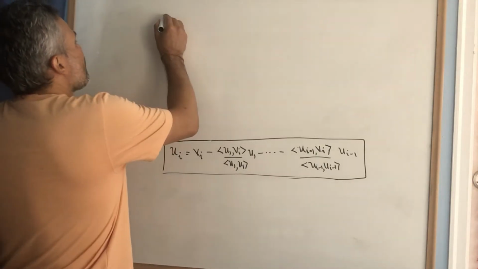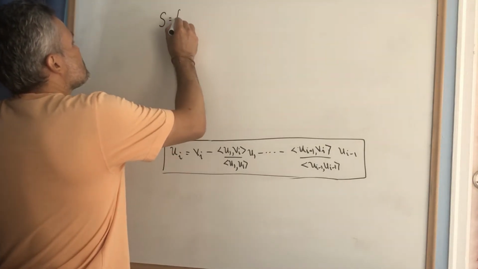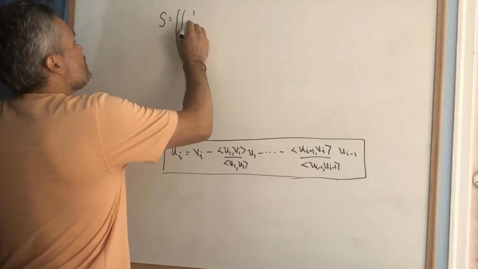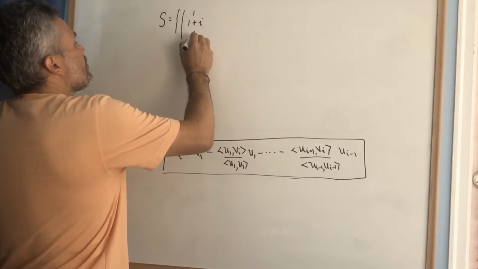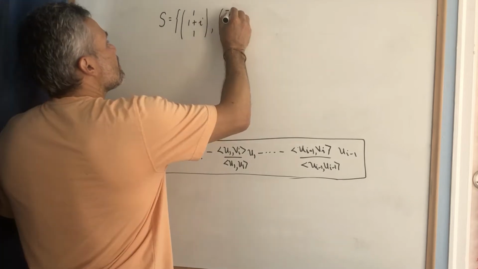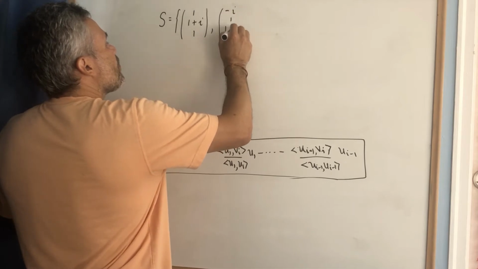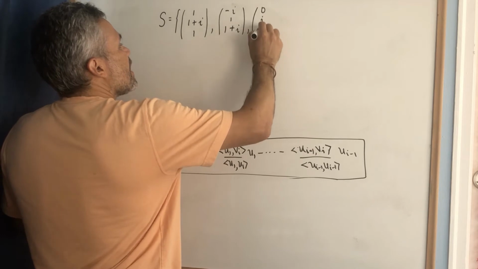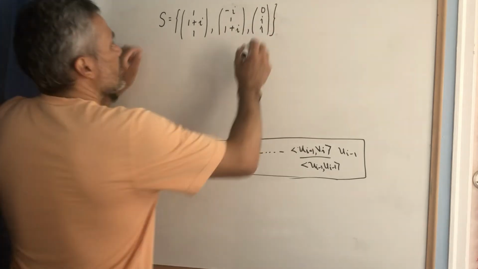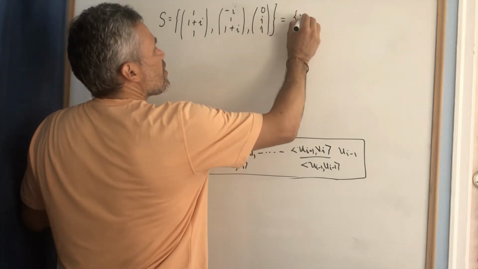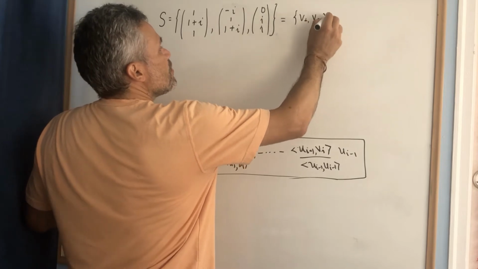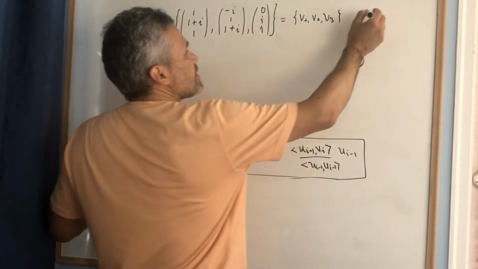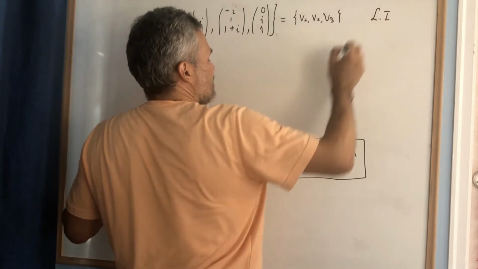Let's consider the following set of three vectors: (1, 1+i, 1), (-i, 1, 1+i), and (0, i, ...). These are our B1, B2, and B3, and we can check that these vectors are linearly independent.